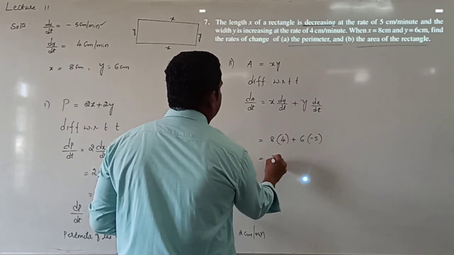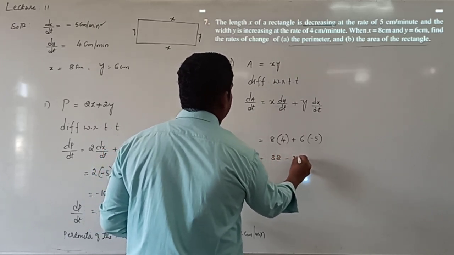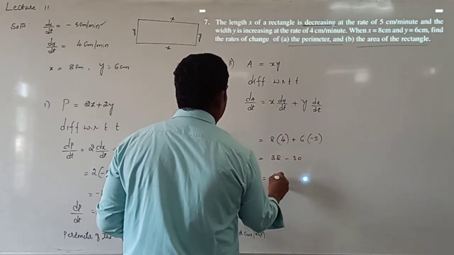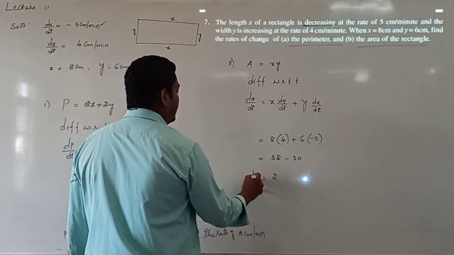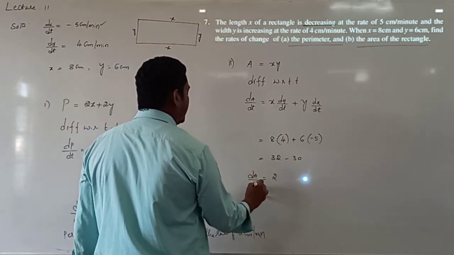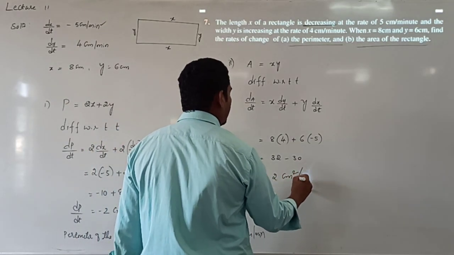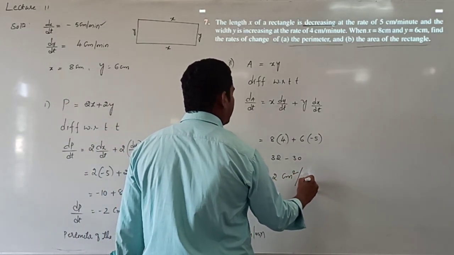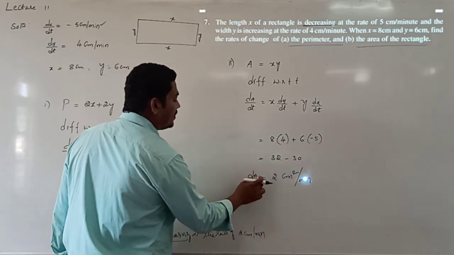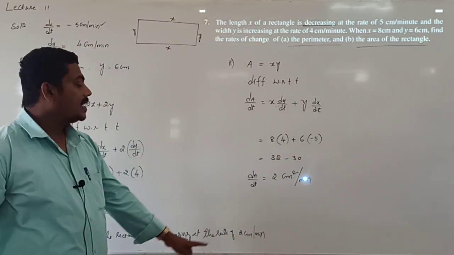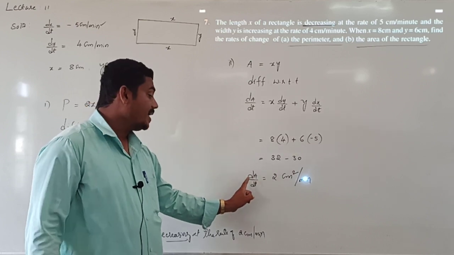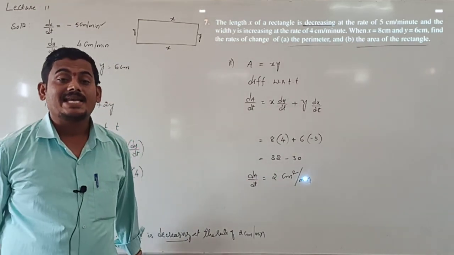Now it is 32 minus 30, that's equal to plus 2. It is dA divided by dt. What is the unit? Centimeter square per minute. Area divided by time. Here we get positive sign. dA by dt is positive, means area is increasing.